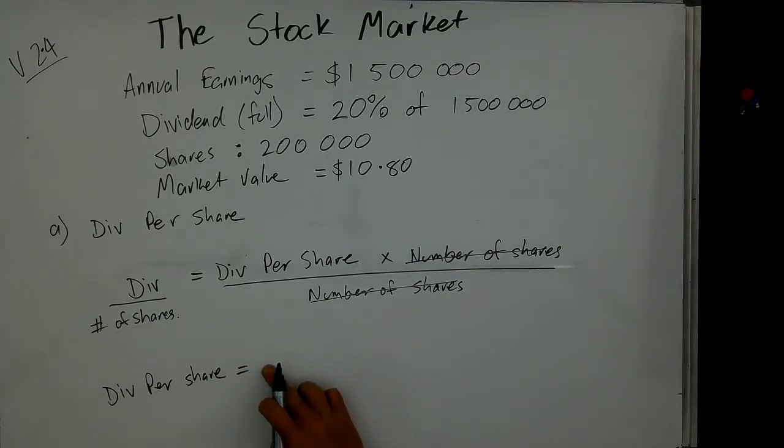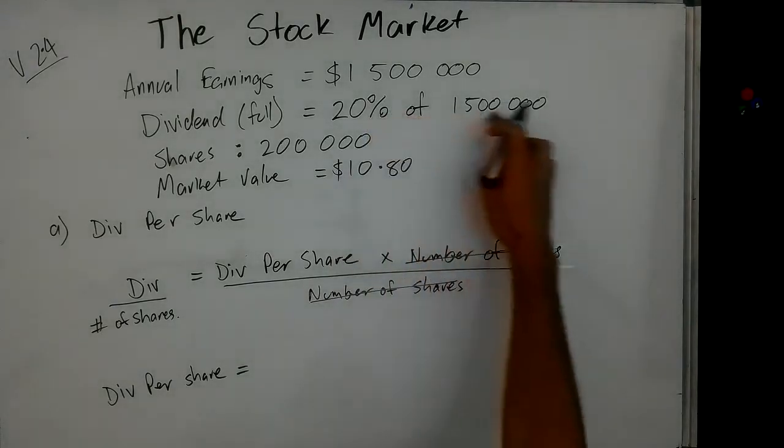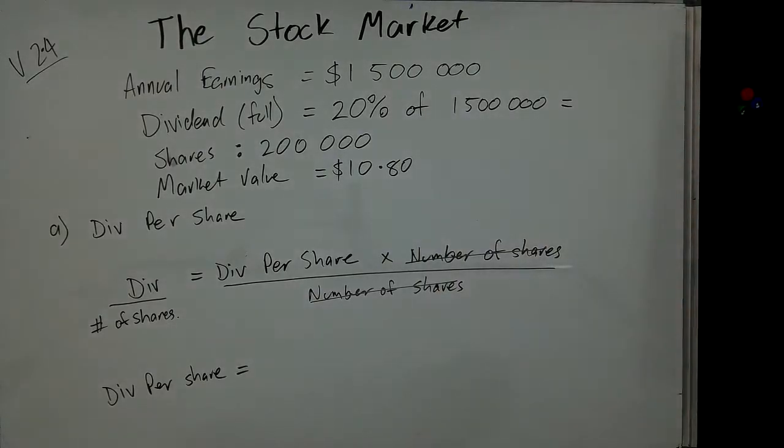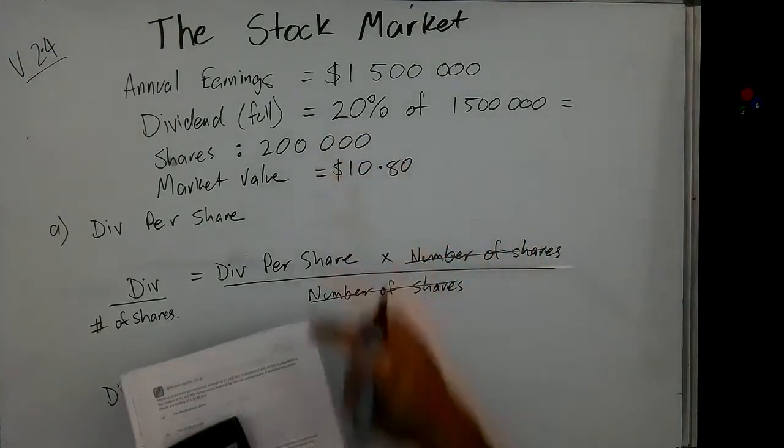So now we've got a little formula for our dividend per share equals, we don't know the full dividend, we haven't worked it out. Just plug that into the calculator. 20% of 1.5 million, so we're timesing this by 0.2.